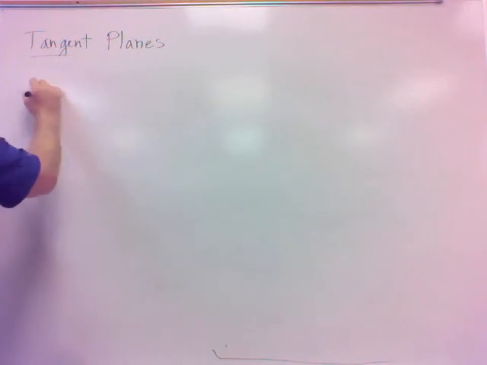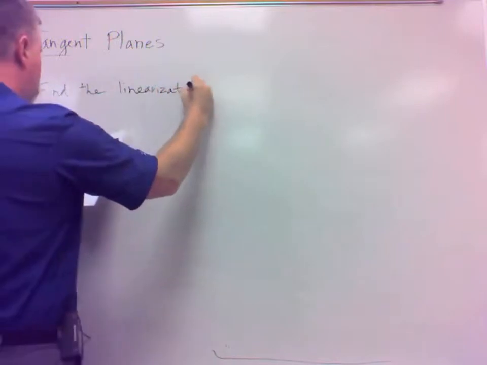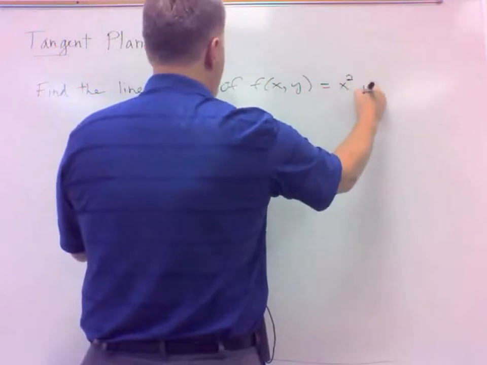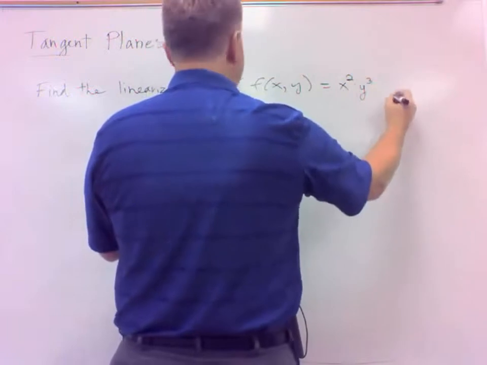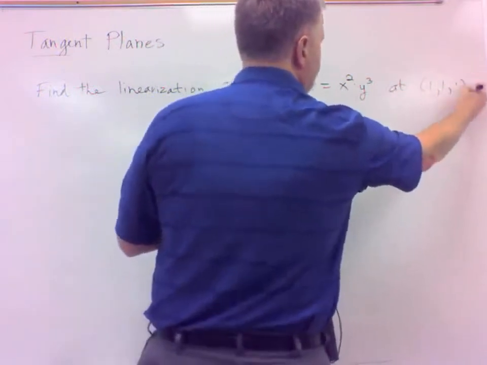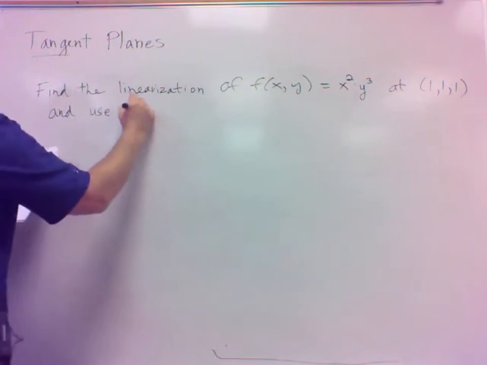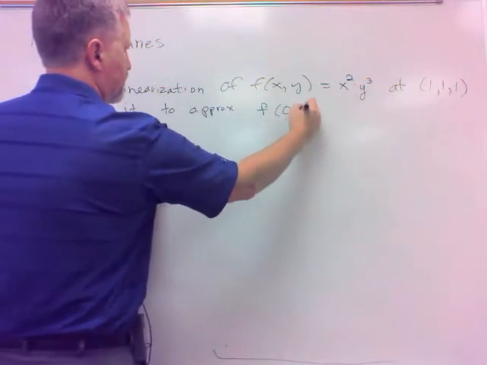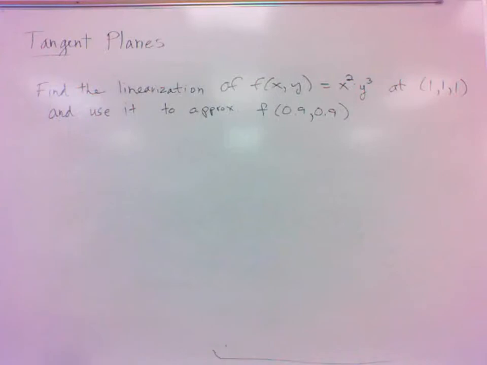Find the linearization of f(x, y) equals x squared times y cubed at (1, 1), and then use that to approximate f(0.9, 0.9), just a little bit down from that.